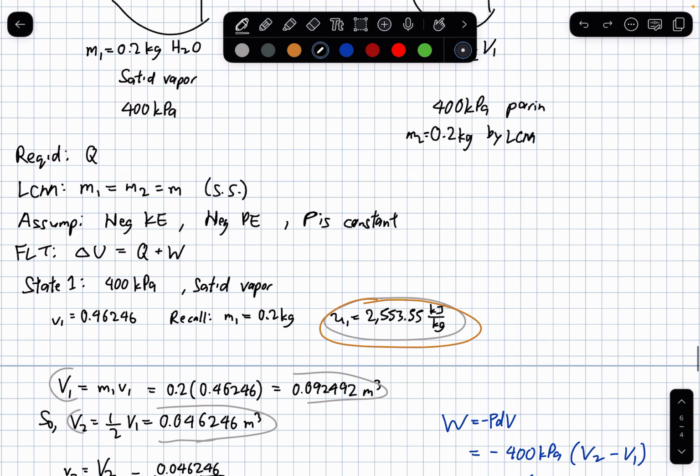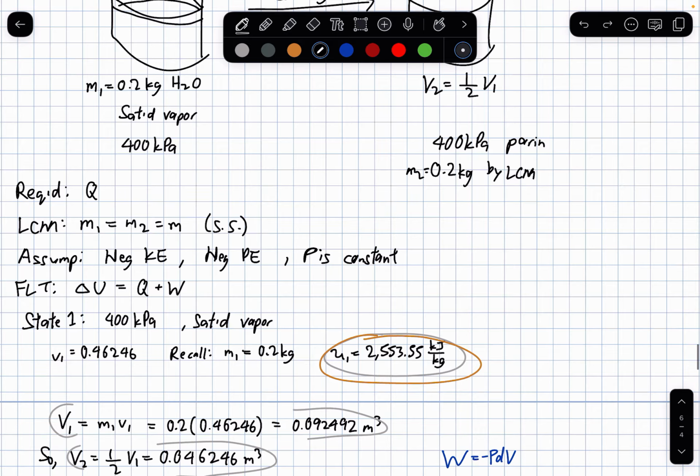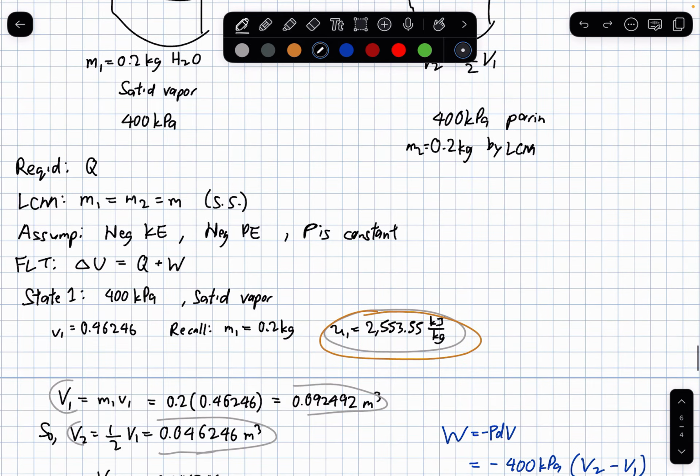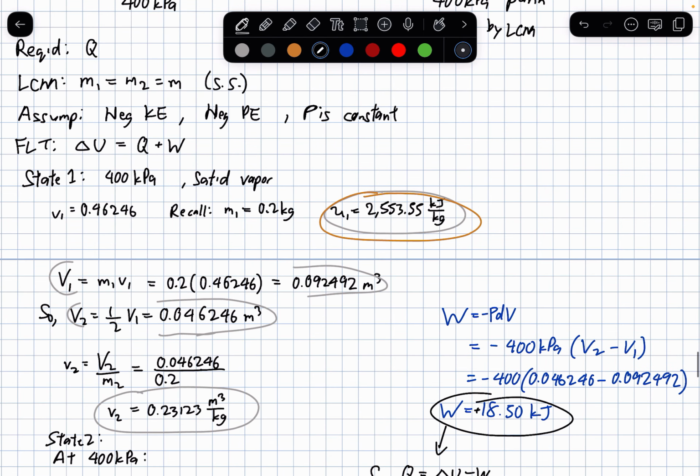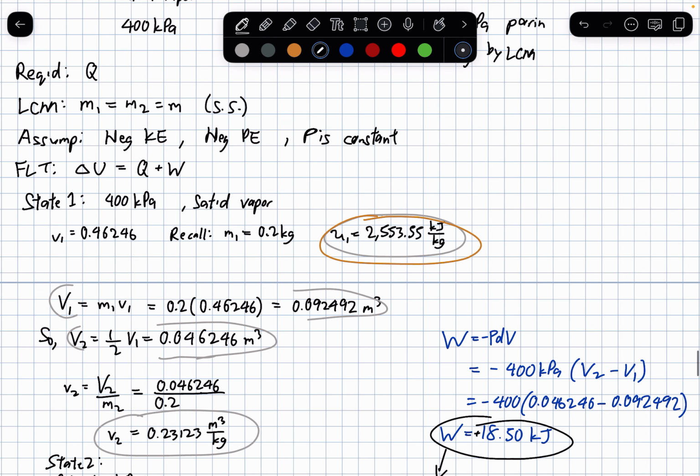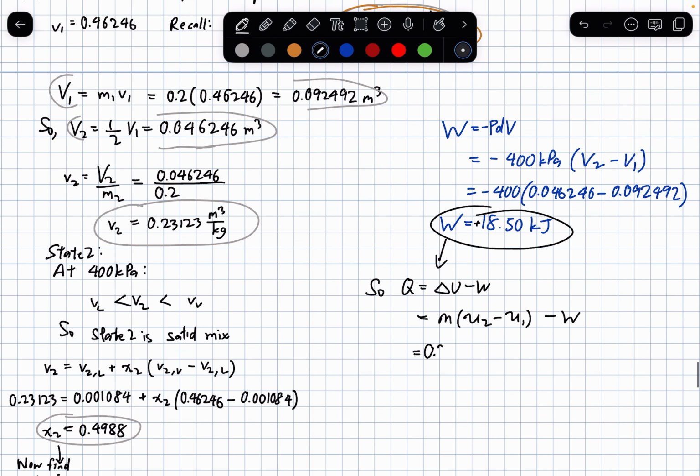State 1 and state 2, do they have different masses? No, no. So yeah, sure. This has to be mass times delta U, minus W. Mass is 0.2 kilogram. What is U sub 2?